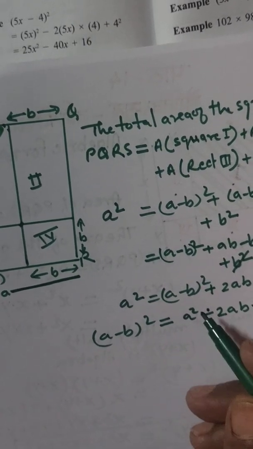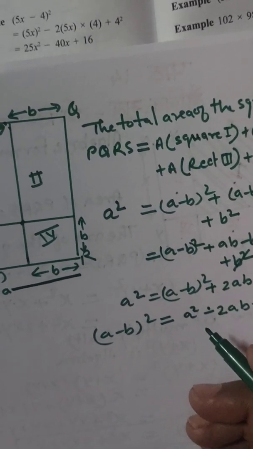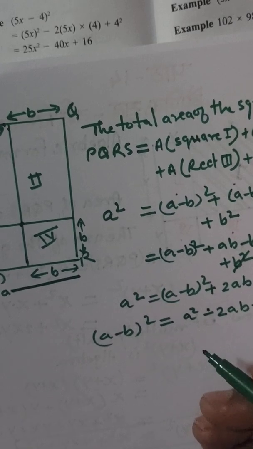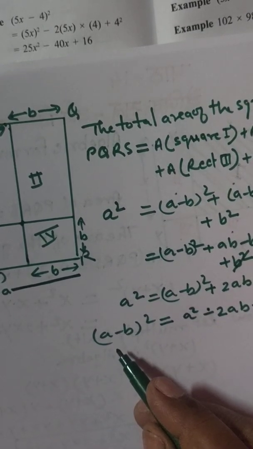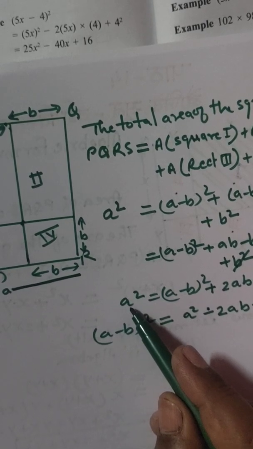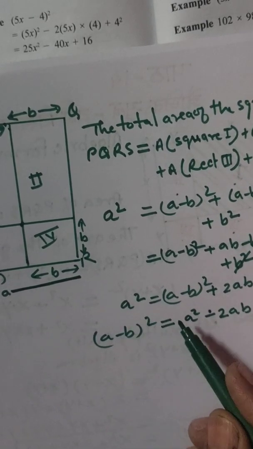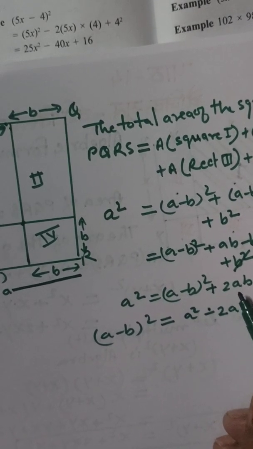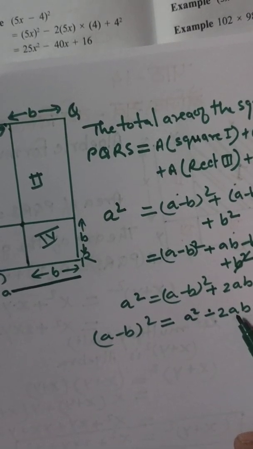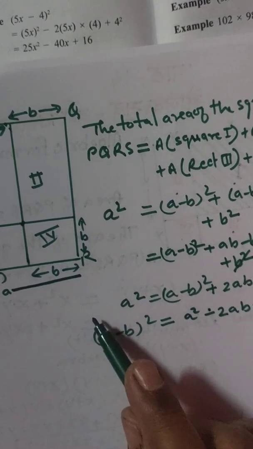This is because if you change the term from one side to another side, if you fix A square on that side and carry 2AB on that side, that is minus B square on that side, B square.